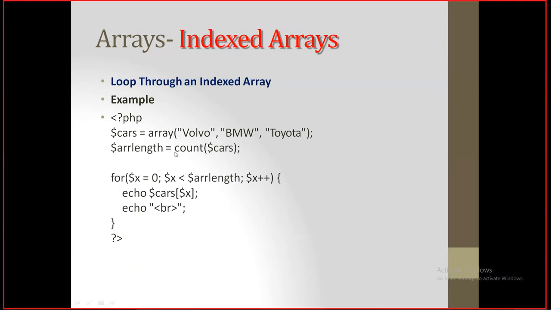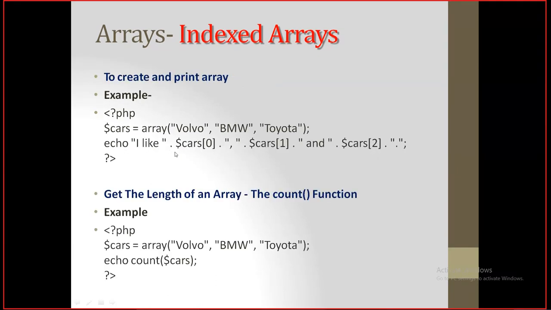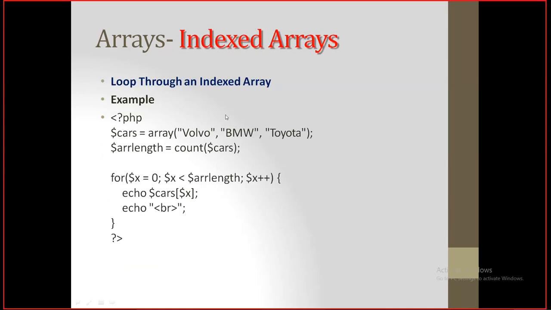Now we can definitely access the values one by one, like we have done over here, right? Because we knew that there are only 3 values present in this array, we accessed them using their proper numeric index, right? But if we don't know how many elements are there in our PHP array, we'll definitely have to loop through that array, right?